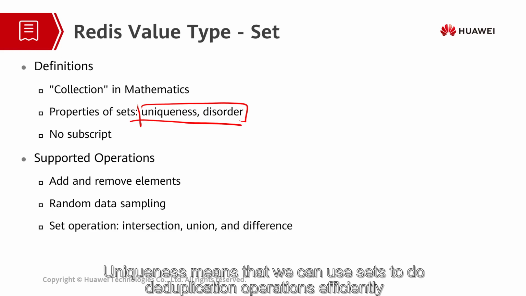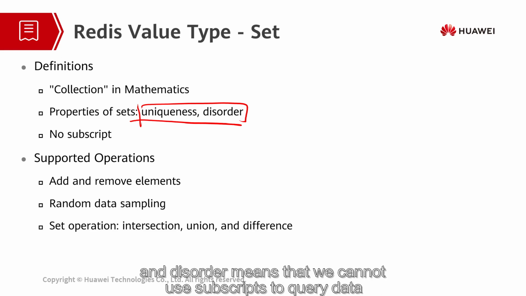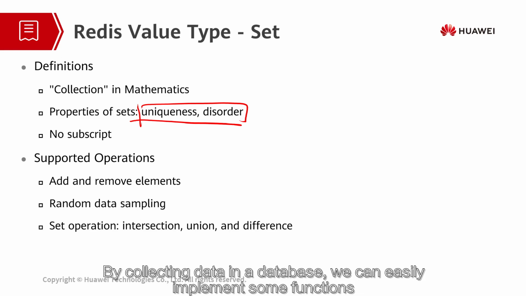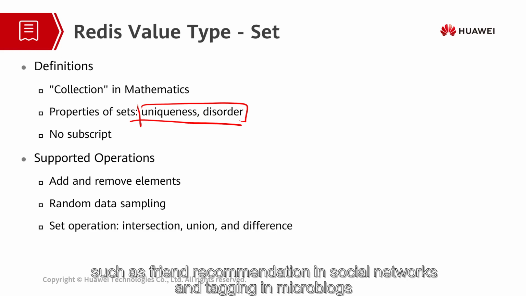Uniqueness means that we can use sets to do deduplication operations efficiently, and disorder means that we cannot use subscripts to query data. By collecting data in a database, we can easily implement some functions, such as friend recommendation in social networks and tagging in microblogs.